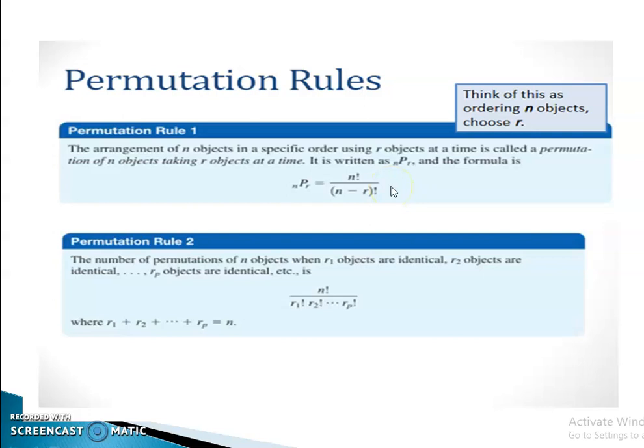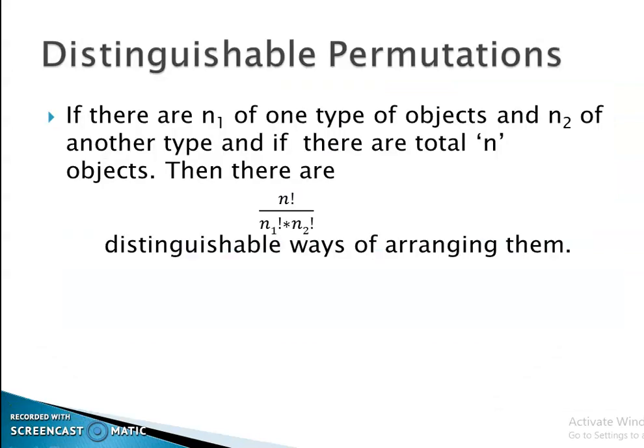Use this formula when the item probabilities are all different, and use this formula of permutation when some of the items are alike, they are the same. Distinguishable permutations.